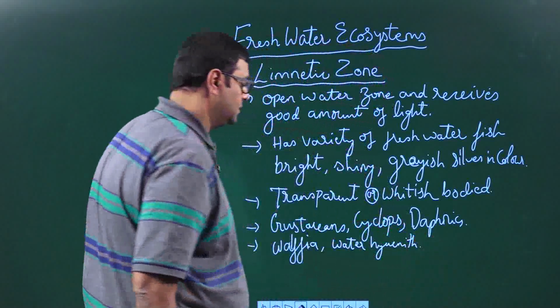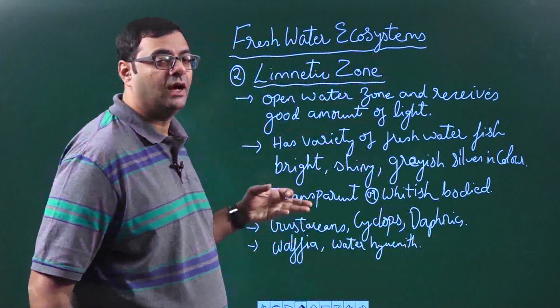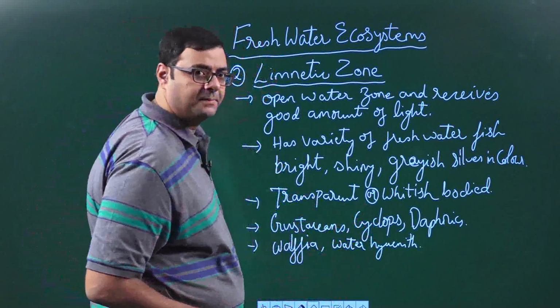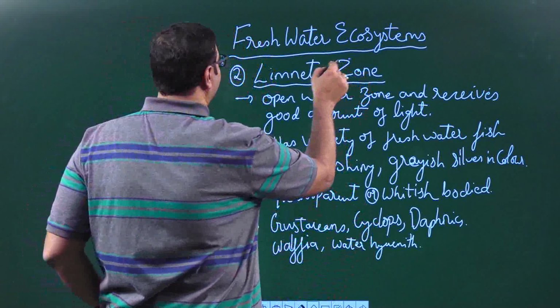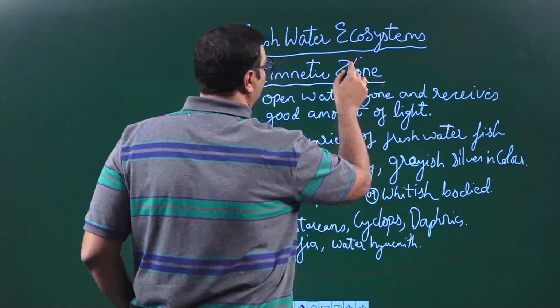In this zone also the photosynthetic rate is high, that is why you can see many plants here. So moving on to the next zone. I hope you have made a note of them.